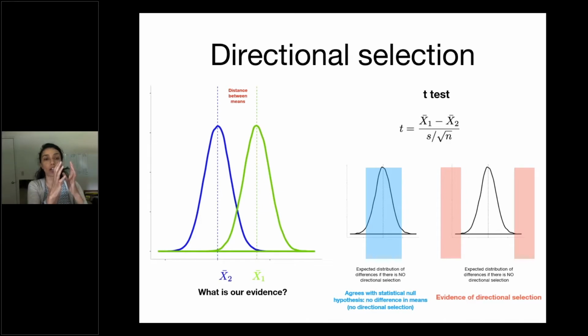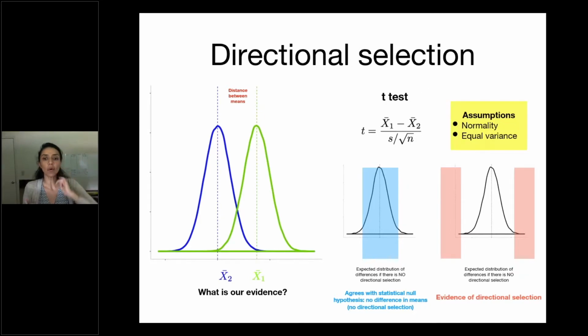But if, on the contrary, this t-statistic is either too big or too small, depending on which side you're making the difference of, then we have evidence for directional selection. We can reject the null hypothesis and claim that with our data, we see evidence of this shift. Now, the t-test has two main assumptions.